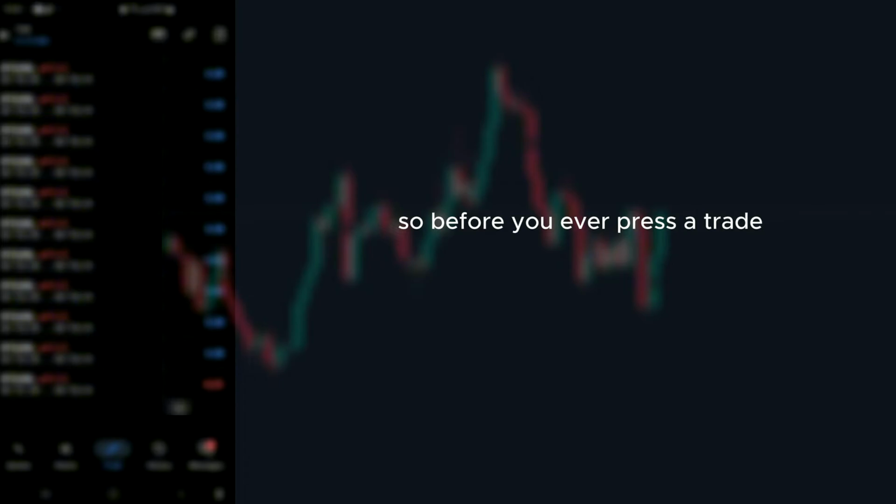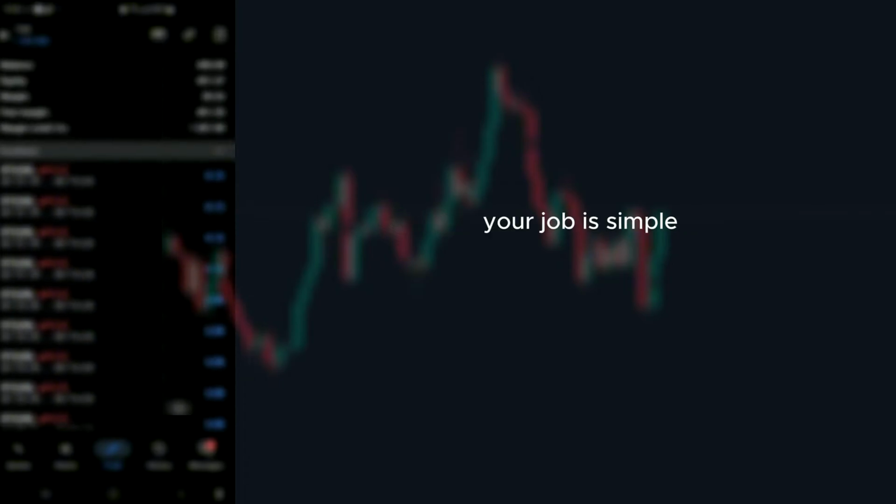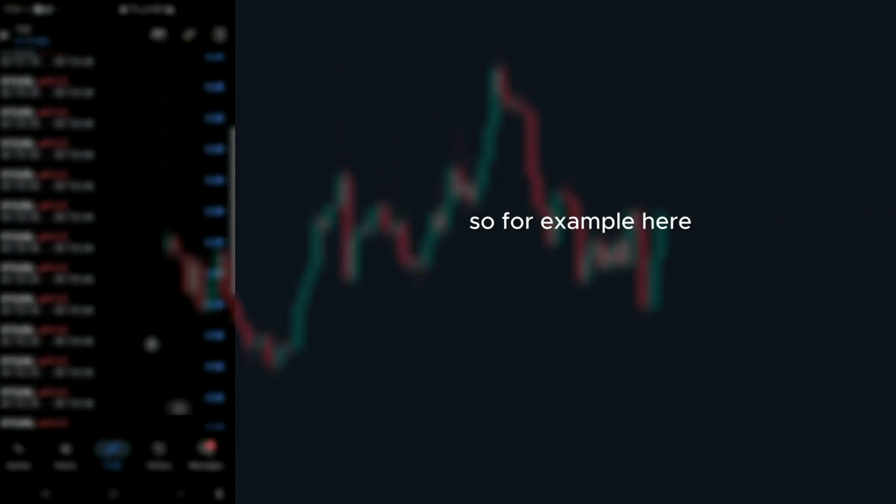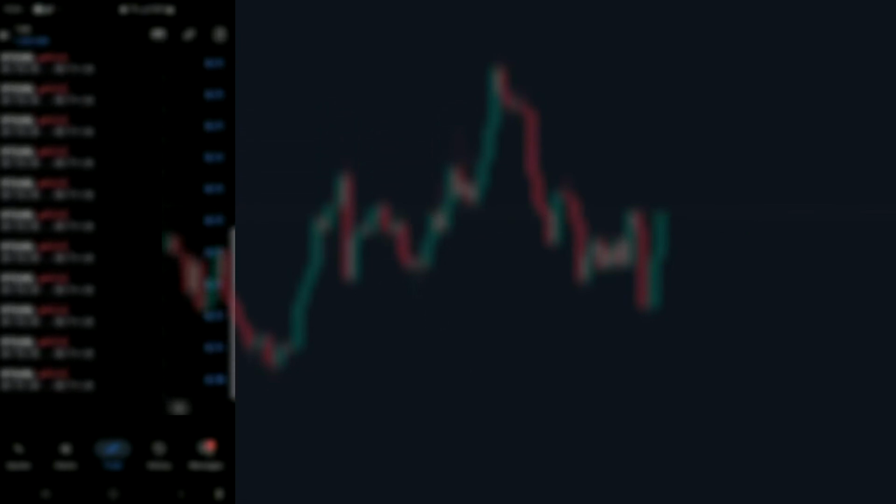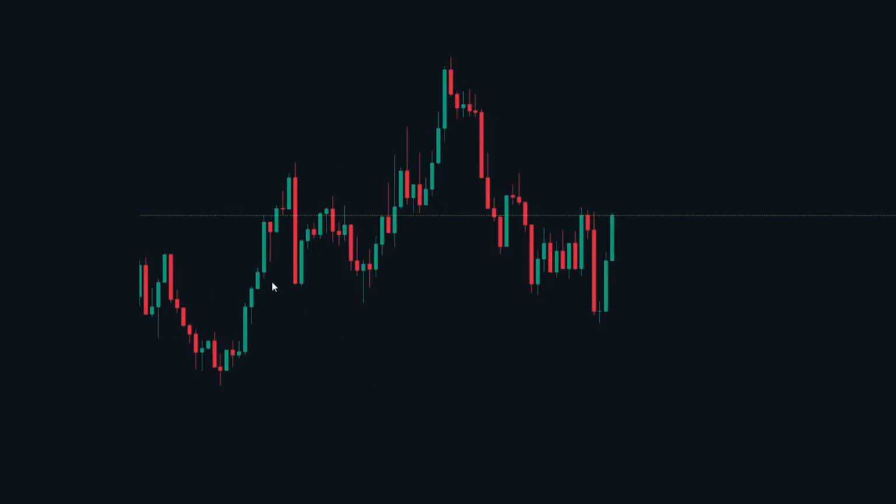So before you ever press a trade, your job is simple: identify who is controlling the market. So for example, if you look at this chart, we have the market creating a higher high at this zone here, and then it is creating a higher low at this point here.